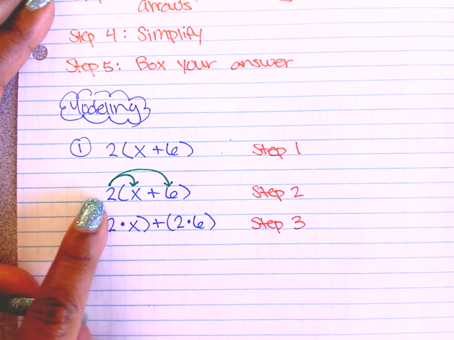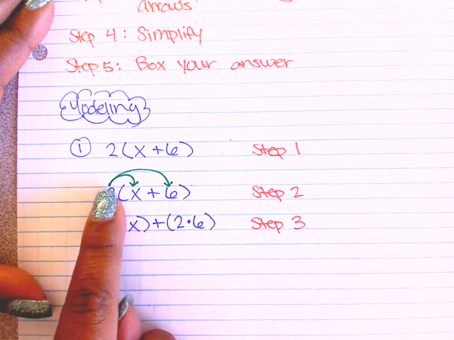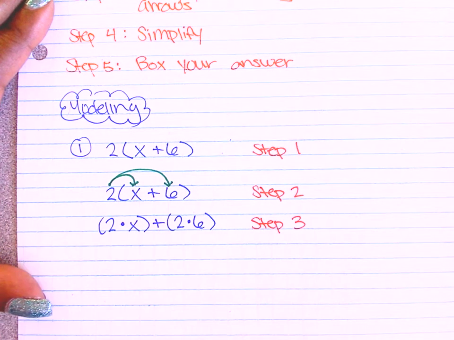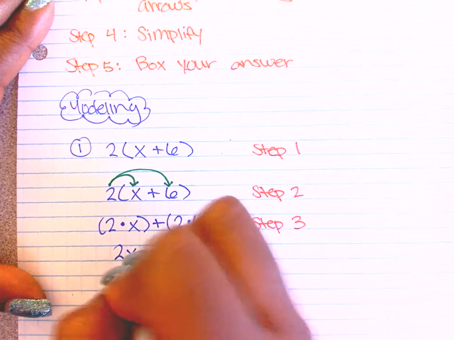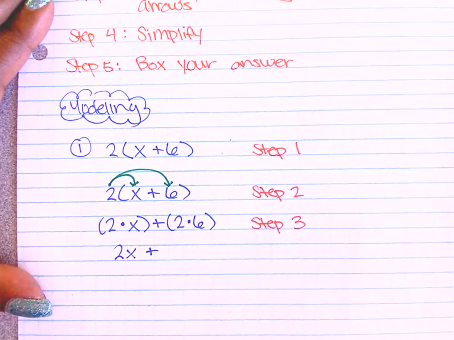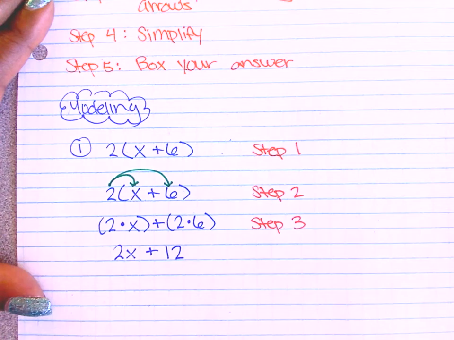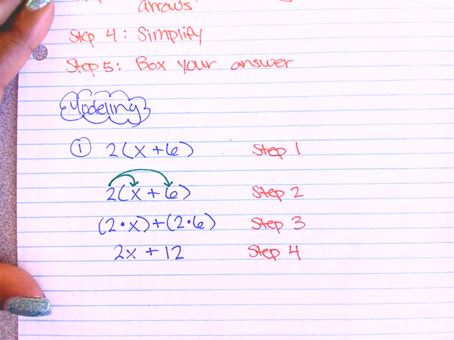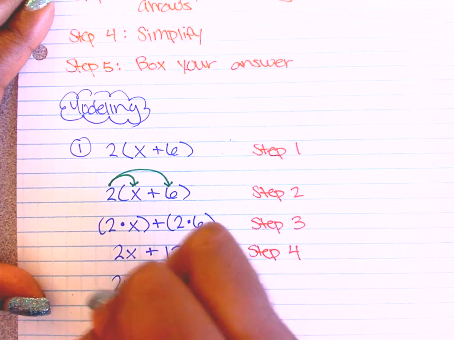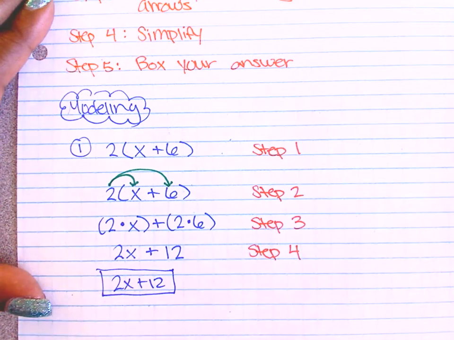So then all I have to do is simplify. 2 times x is 2x. Keep my plus sign. 2 times 6 is 12. That was step 4, I just simplified. And of course, step 5 for me is to box my handy answer.